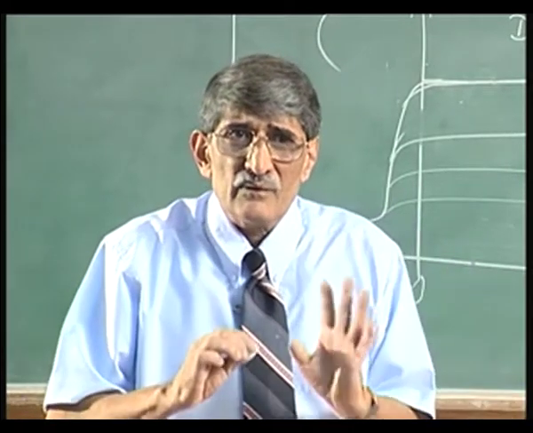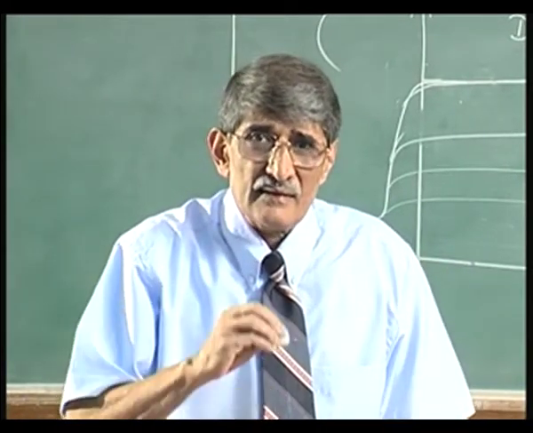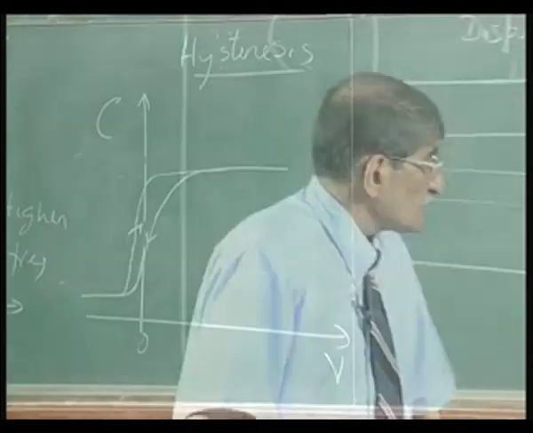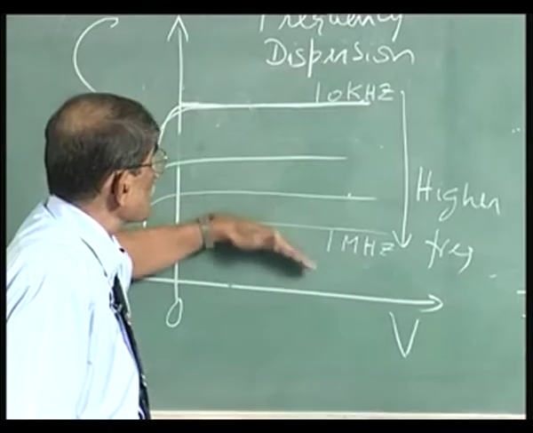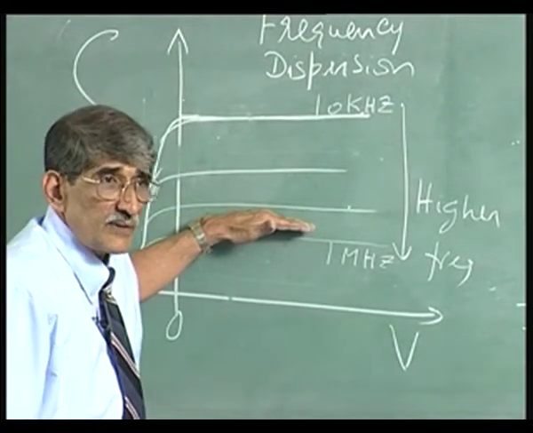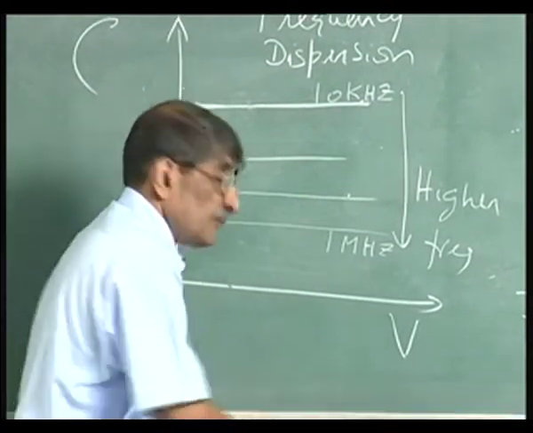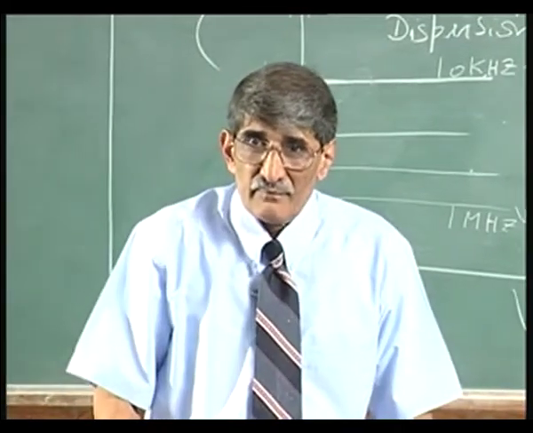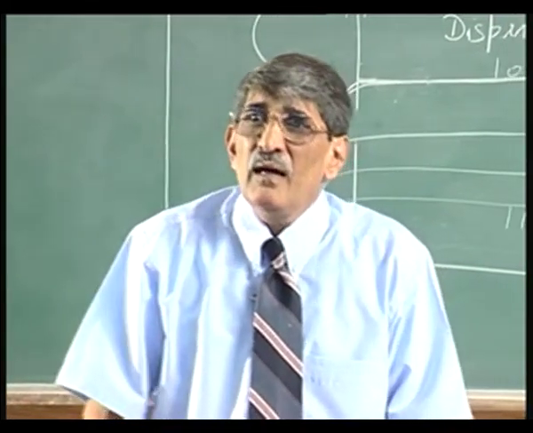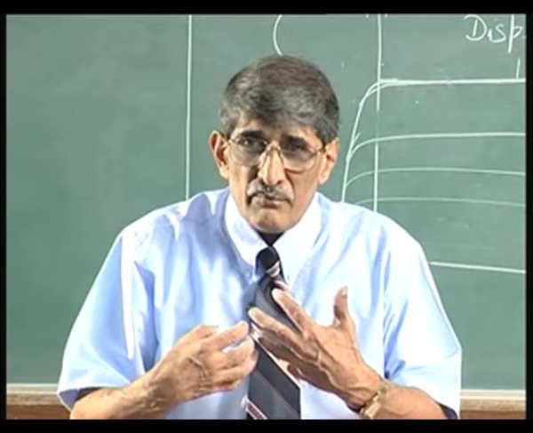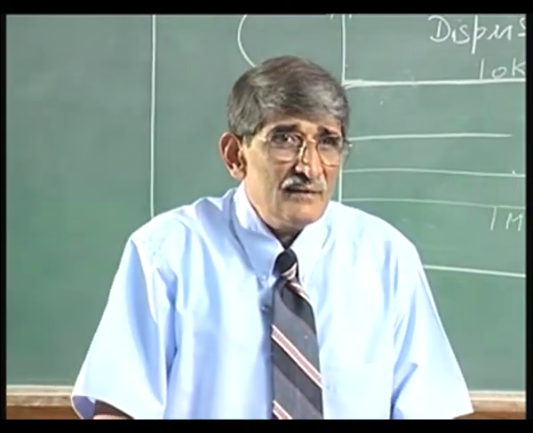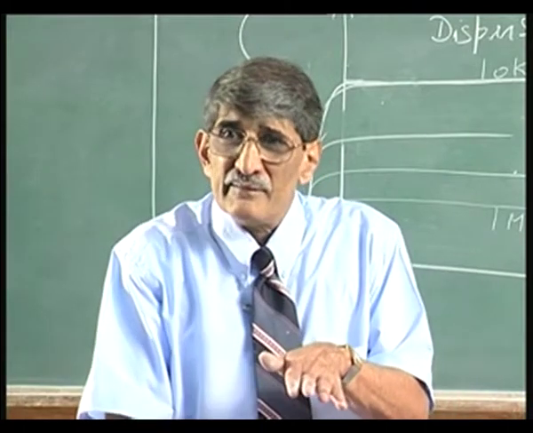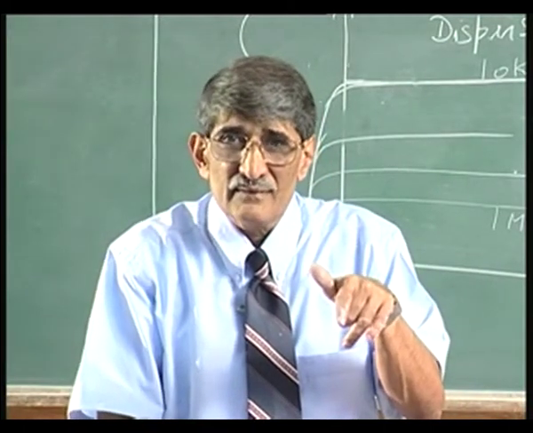All that I want to point out is that the interface states give rise to slow states here, and also the states which give rise to this frequency dispersion. When you make a transistor, you end up with poor, low transconductance, because after all it is the substrate which must respond to the applied gate voltage.